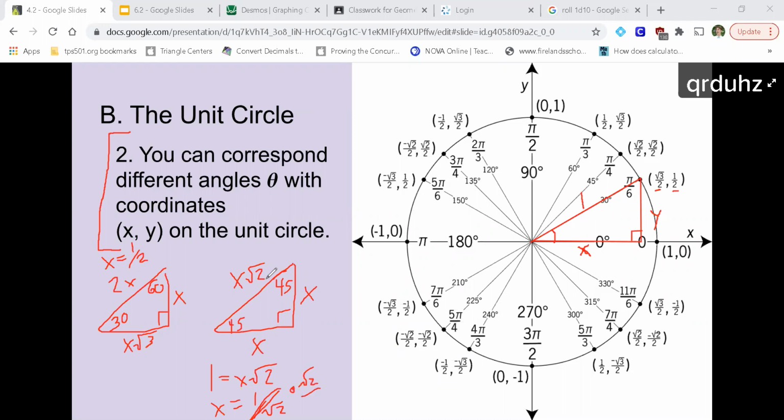But if you fix that by multiplying by the square root of 2 over 2, you get the square root of 2 over the square root of 4, which is just 2. So for a 45, 45, 90 triangle, if the hypotenuse is 1, the side lengths x are square root of 2 over 2. And you can see that's what they have right here.